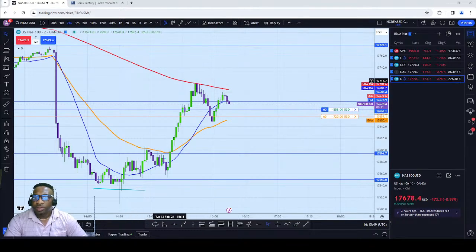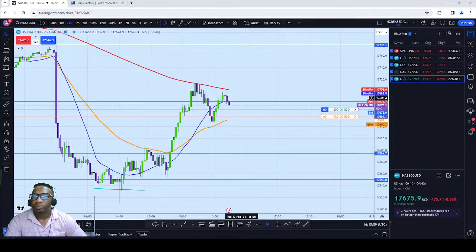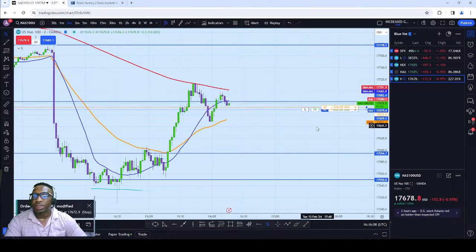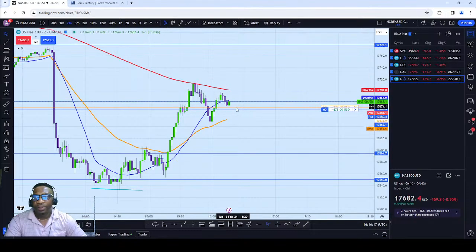As you can see, NAS went to the 200 moving average and is coming back down. So currently in profit, I'll just put my break even there just to protect that position. I've just moved my stop loss above my entry into break even. If we decide to come down further, it will tap me out in profit rather than taking me into negative.